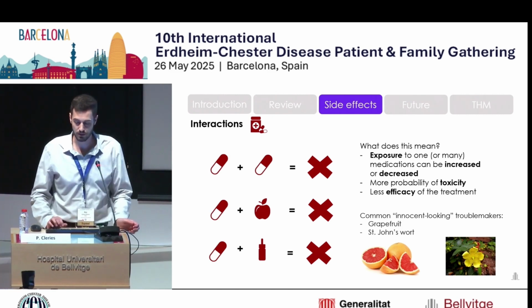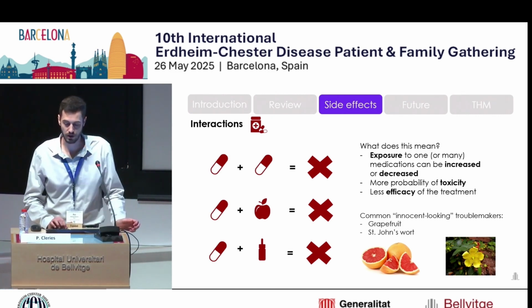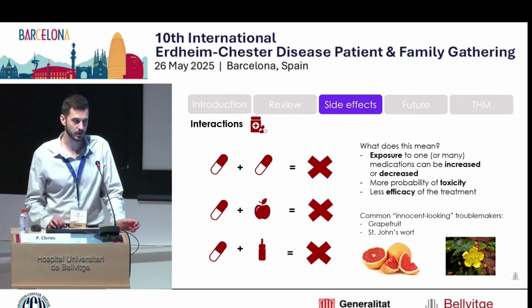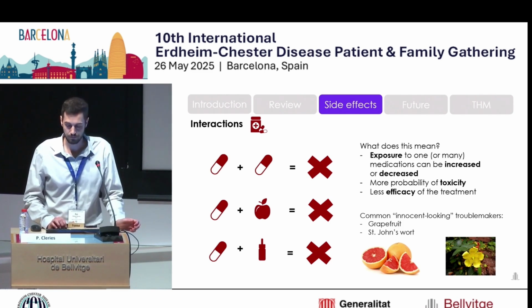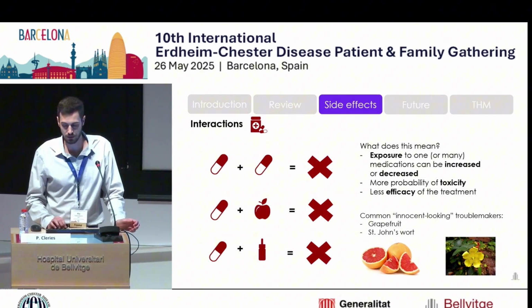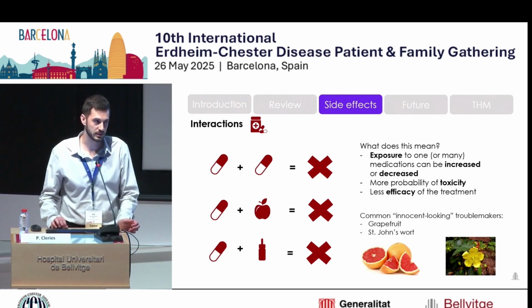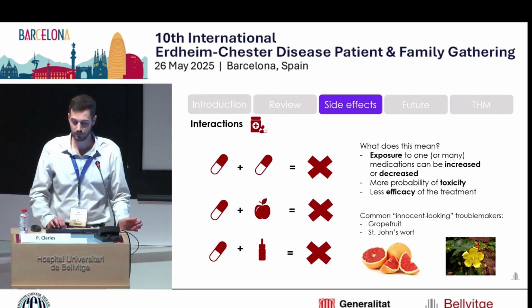What I recommend is that you always tell your healthcare providers exactly what you're taking, even if it's over-the-counter treatments. As you can see, I've put two examples of innocent-looking troublemakers, which actually increase the exposure of all the treatments I've mentioned today.